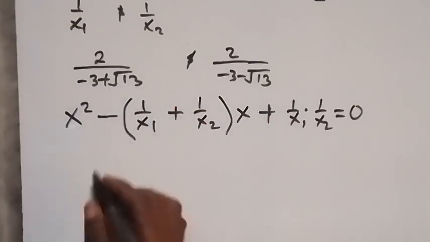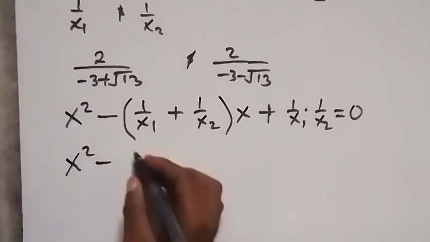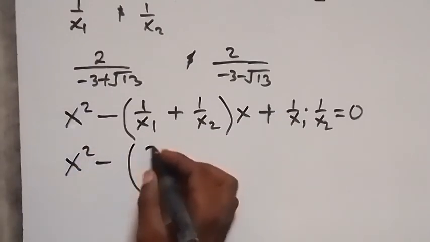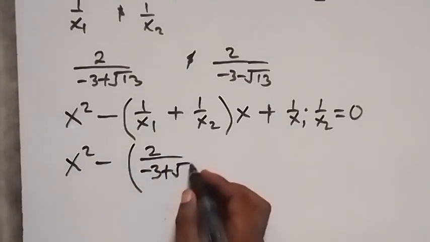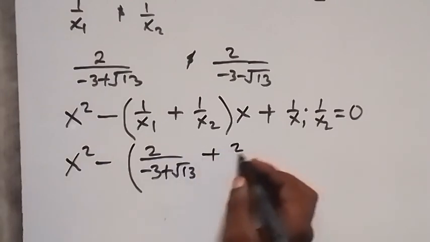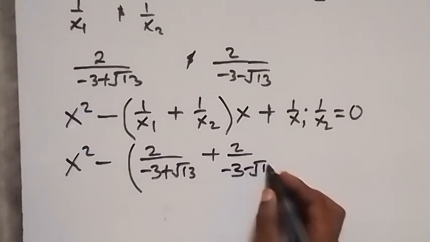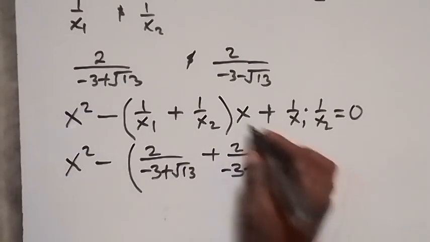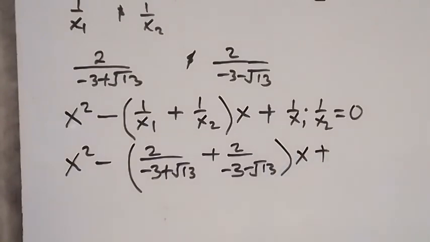So we can substitute now, and this will be x squared minus, here we have 2 over minus 3 plus root 13, then plus, here we have 2 over minus 3 minus root 13, then times x, that's the variable, then plus the product of the roots.